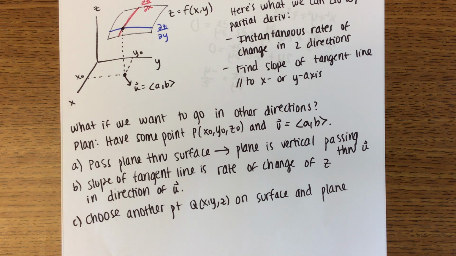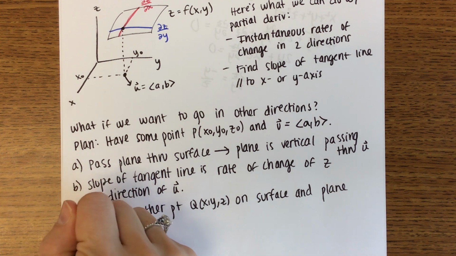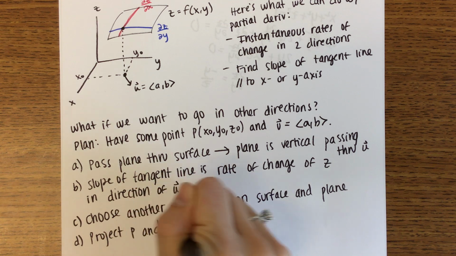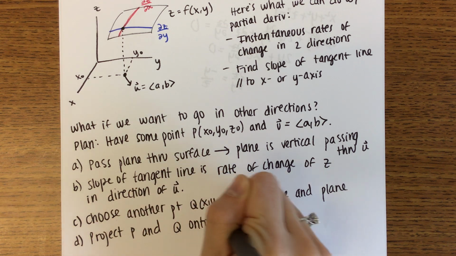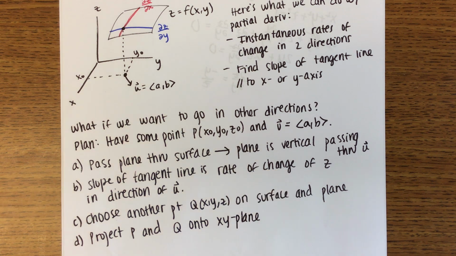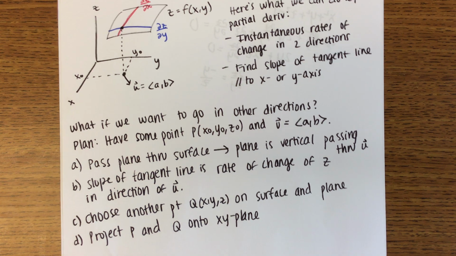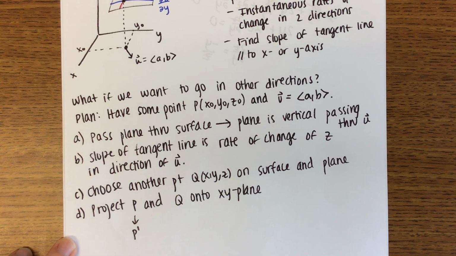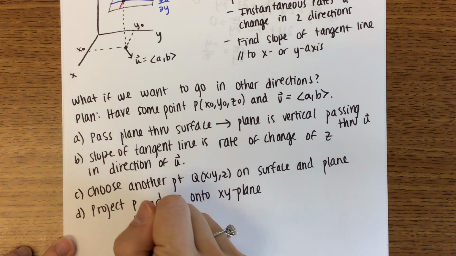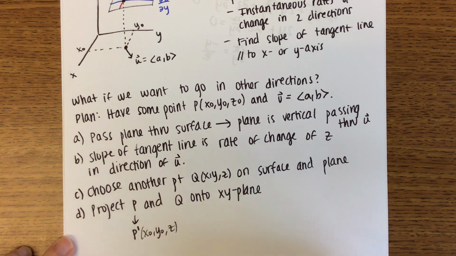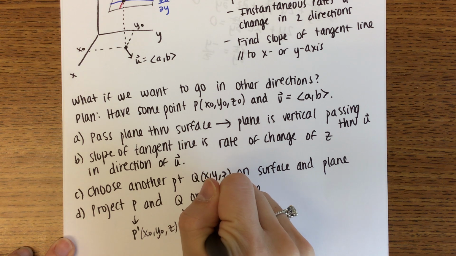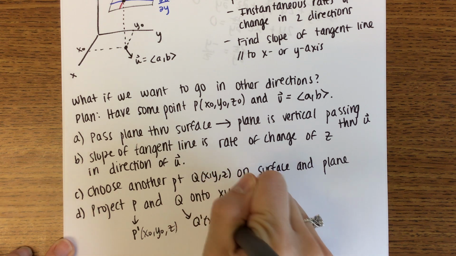And then we are going to project P and Q onto the XY plane. So this is going to be the notation for our projection of P. That'll be (x naught, y naught, 0), since we're on the XY plane. Likewise, Q will be (x, y, 0), because we're on the XY plane.